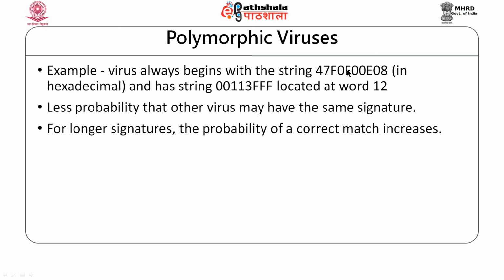So, if you find this string in memory, realize that this is the beginning of a virus program. Now, that virus has the string 00113FFF at location 12. So, there is less probability that another virus may have the same signature.